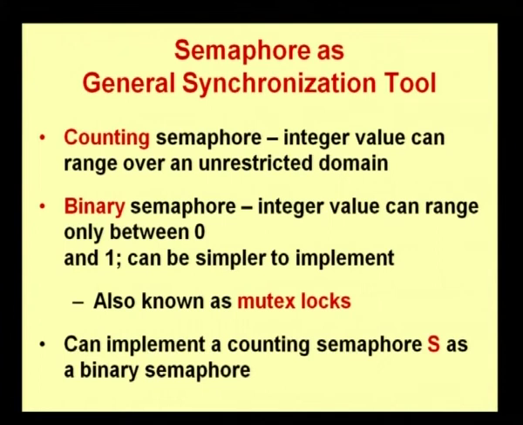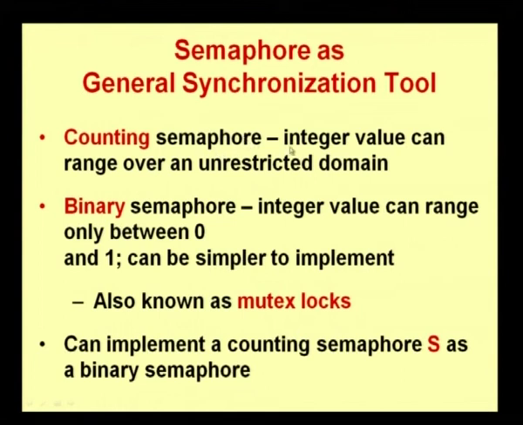A semaphore is usually an integer value. An integer value can range from 0 to n, or it can be a binary semaphore. In the case of a binary semaphore, it can use only the values 0 and 1. If it is of an integer value, then it is called a counting semaphore.